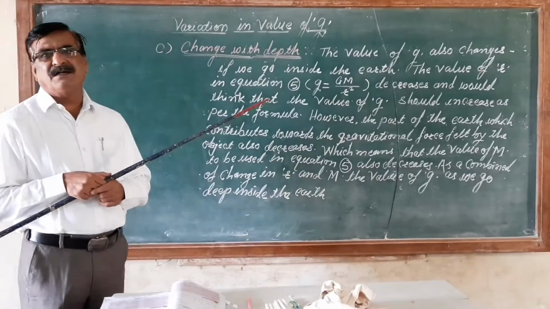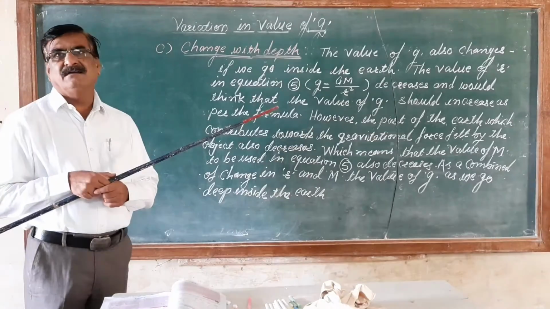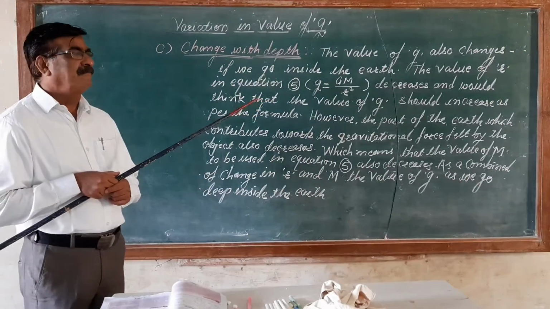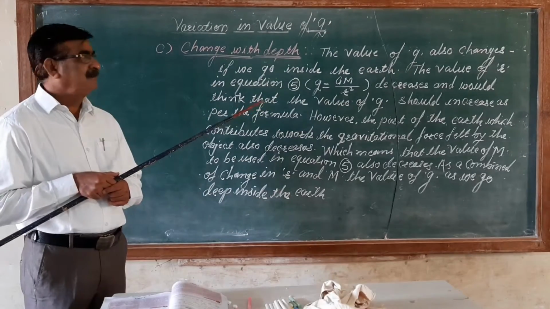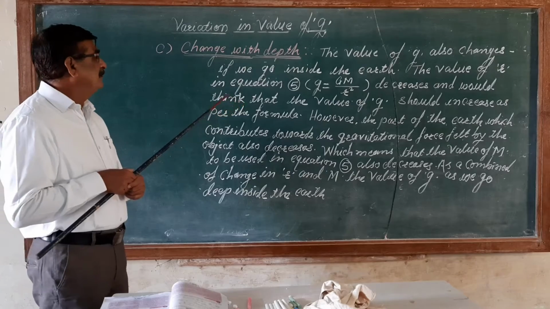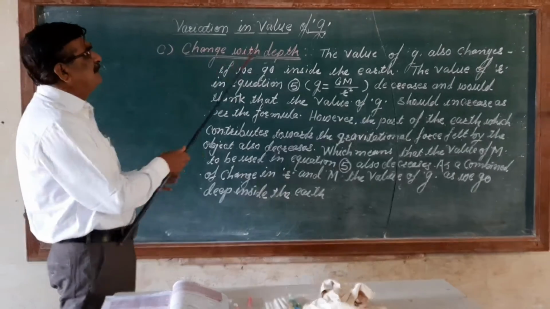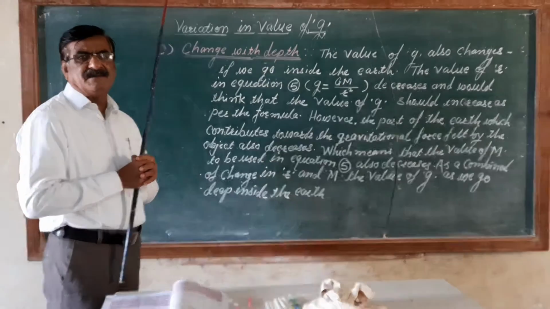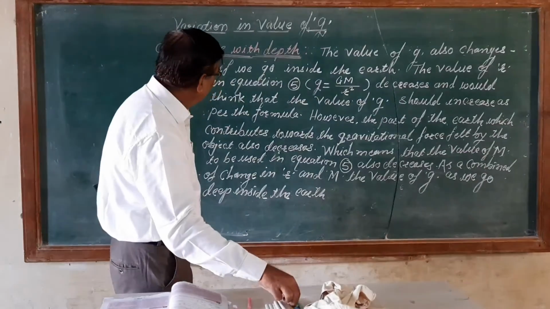Maybe it is not completely spherical, but it is massive. It has mass, full of mass. Then we have to think about the change with depth. Depth means the interior part of the earth.